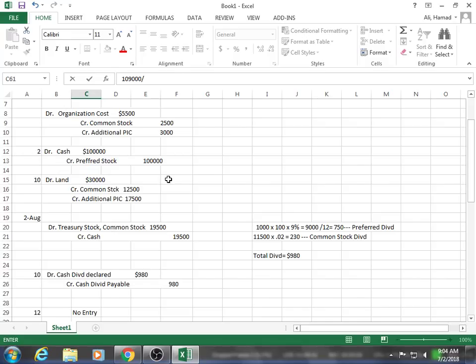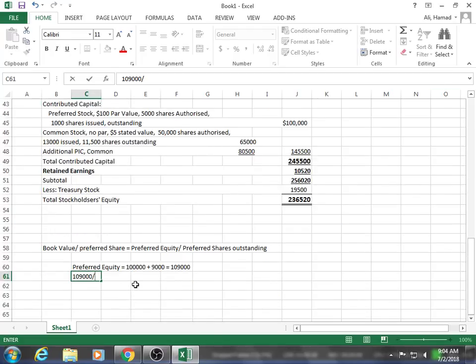So we're going to divide 109,000 by 5,000.